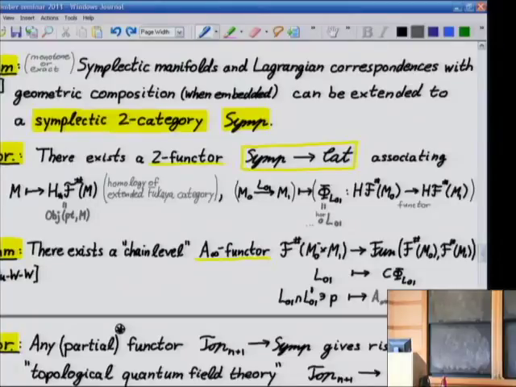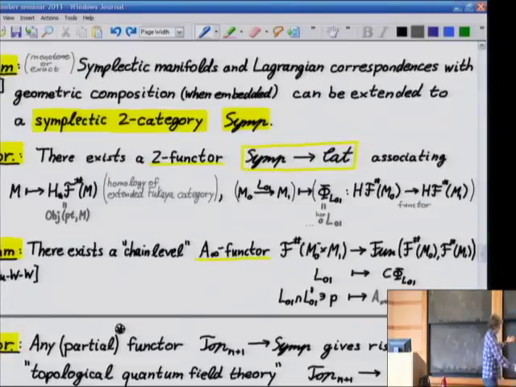All you need to do is pick one object in your 2-category. And in this case, the obvious object to pick is the point as a symplectic manifold. And then magic happens: the natural 2-functor that you get is very closely related to the Fukaya category, which we know is interesting from mirror symmetry.